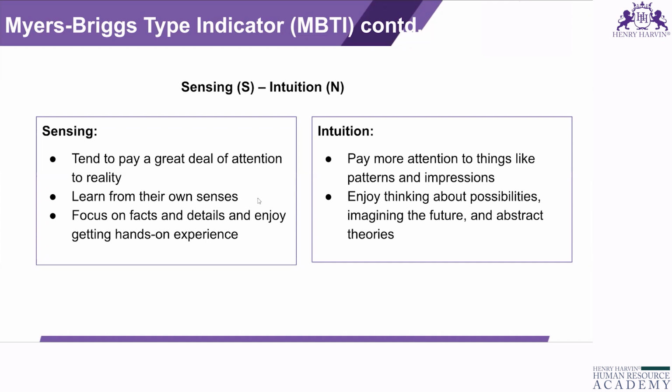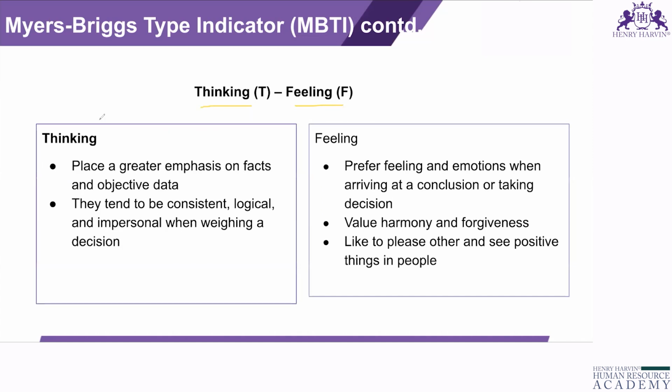Then the third pair is thinking and feeling. Thinking places a greater emphasis on facts and objective data. They think logically, and tend to be consistent, logical, and impersonal when weighing a decision. We can say they think from the mind, based on the facts, the objective information, the data.